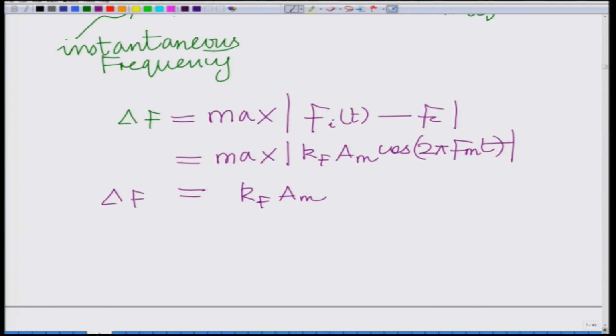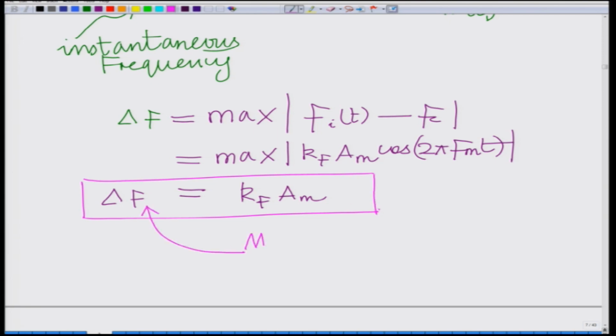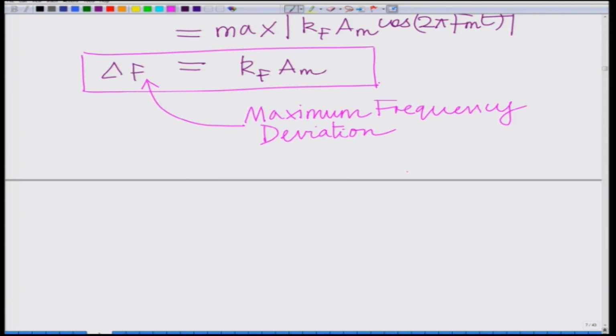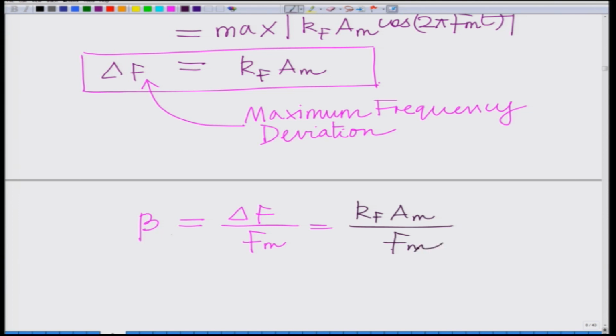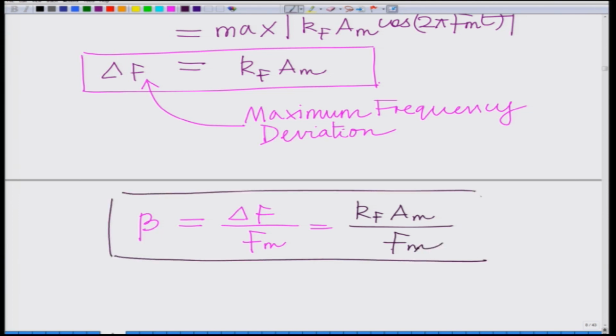So, delta f, the maximum frequency deviation, equals kf times Am, and beta, your modulation index, therefore equals the frequency deviation divided by fm, the message frequency: delta f divided by fm, which is equal to kf into Am divided by fm.